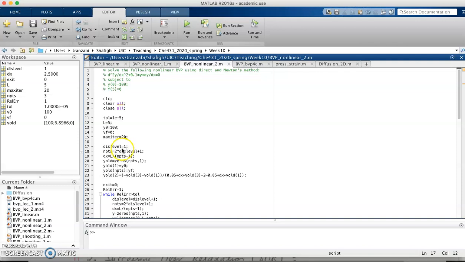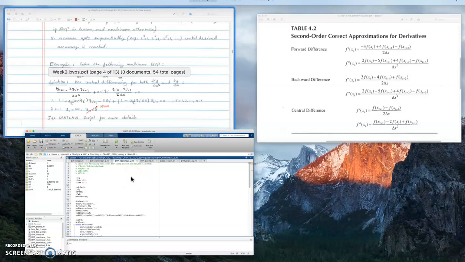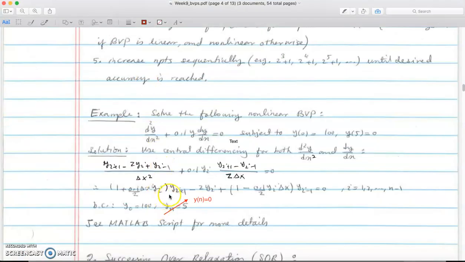So when we put discretization level equal to 1, we have 3 points, and only one of them is unknown. The first one is y0, the left boundary. The right point is equal to yf, or y final, which is the right boundary point. And the middle one I can easily solve from here. So basically, if you set i equal to 1, then this is y0, this is y1, and this is y2.